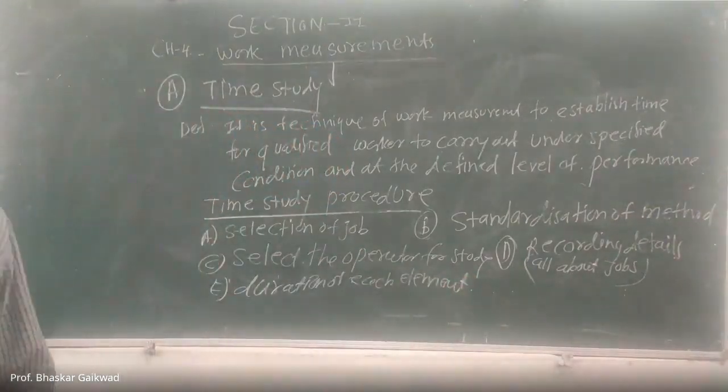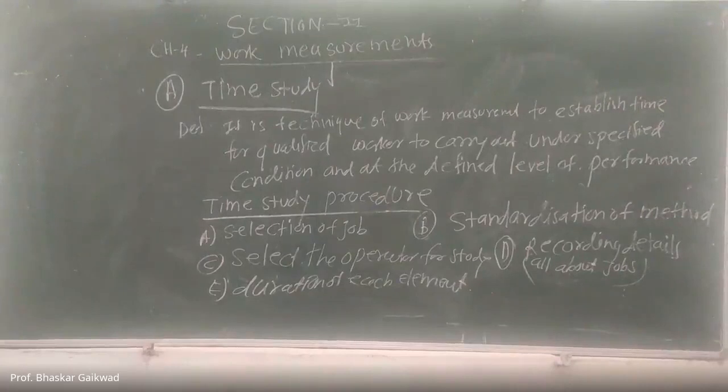The total job under time study you can split into small elements: holding the job is one element, clamping your cutting tool is the second element, making use of the saddle is the third element. Like this, you can split the total working time into small elements and measure the time required for each. After this, you have to calculate the repetitive time for each element.